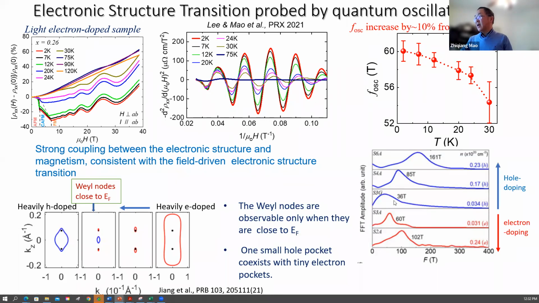We observe the Weyl state in the lightly hole doped sample, because the Fermi surface is very small: one hole pocket, two electron pockets. This oscillation frequency should come from the small hole pocket. So this data is fully consistent with the band structure evolution I just discussed.